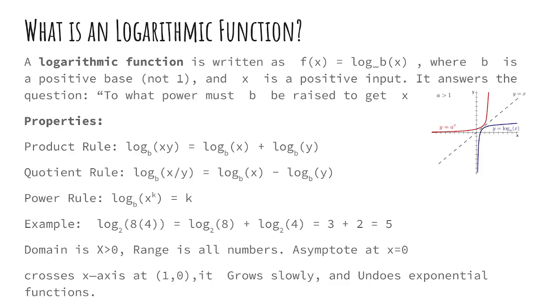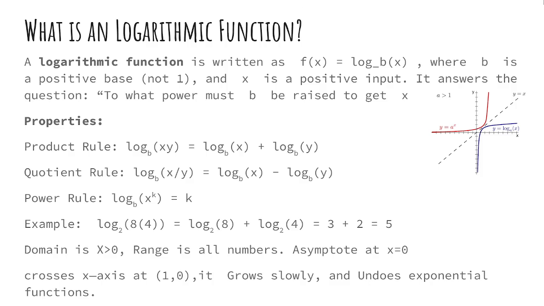Our domain on a logarithmic function graph is always x is greater than 0. Our range can be all real numbers, and our asymptote is at x is equal to 0. This will always cross your x-axis at (1, 0). It will grow slowly, and it undoes exponential functions.